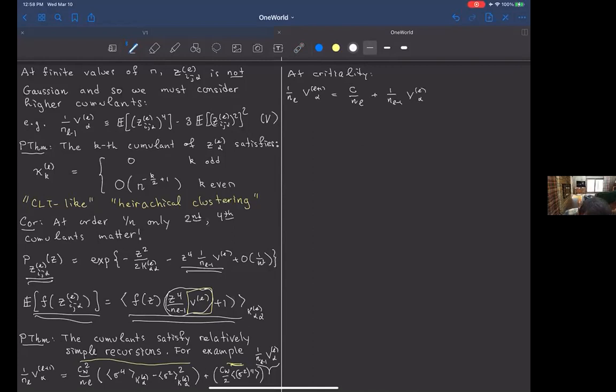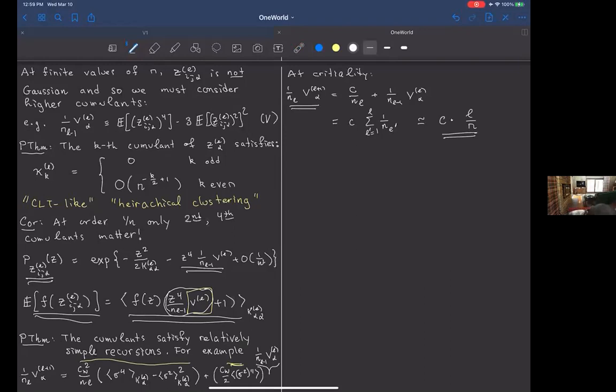And what you find in the end is a constant times the sum over L prime from 1 up to L of 1 over N_{L'}. That's how the recursion scales. And as promised, this is like a constant times L over N, when all the N_L are proportional to N. So this 1 over N correction actually is an L over N correction once you solve the recursions. That's one of the principal things you learn when you actually write the recursions down.